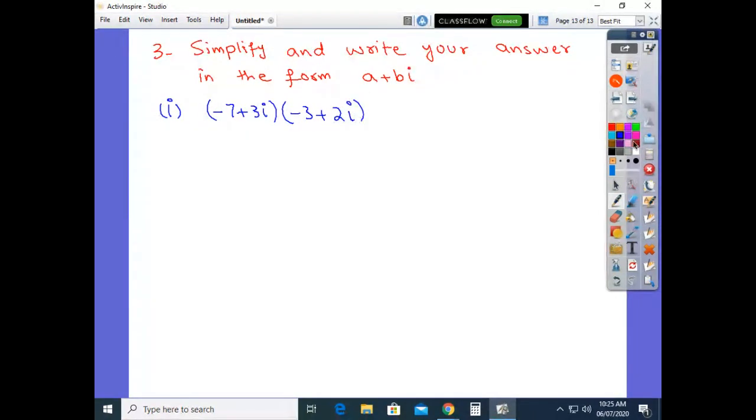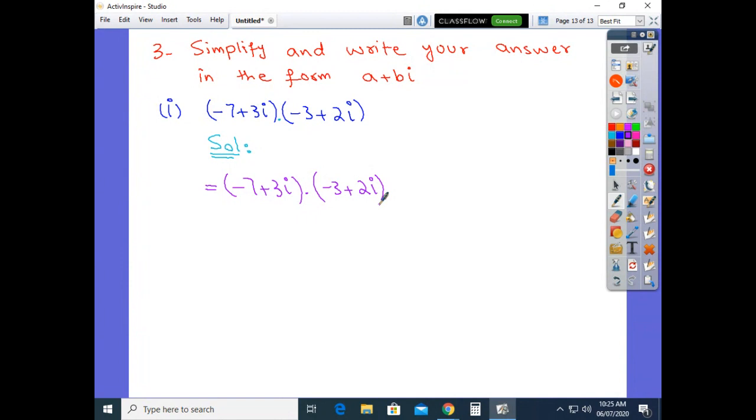Here we see that there is no sign in between the brackets, which means that we multiply these two numbers. How do we multiply these two numbers? First of all, we rewrite the question here, which is negative 7 plus 3 iota, negative 3 plus 2 iota.